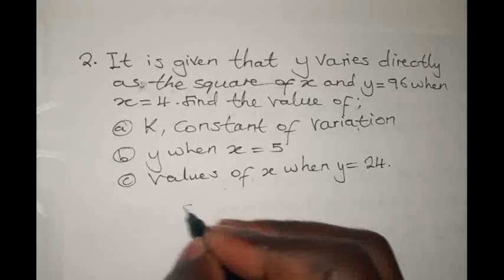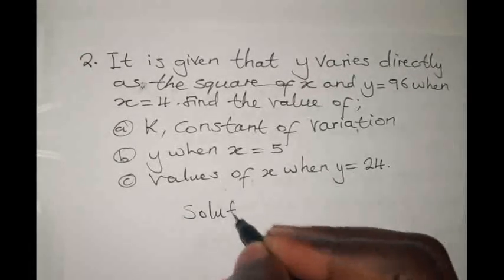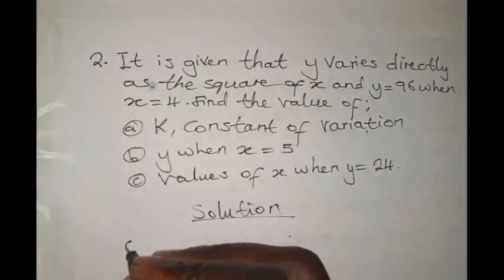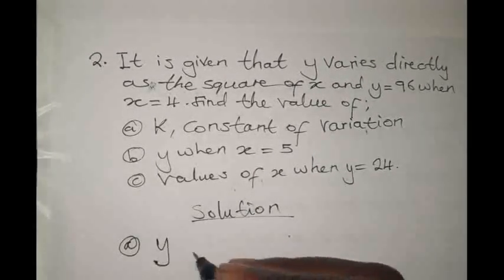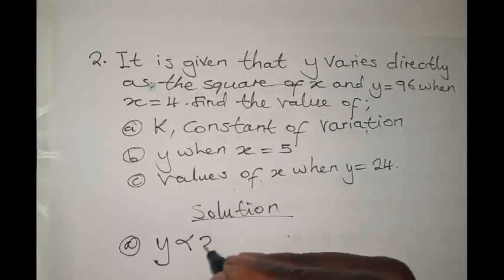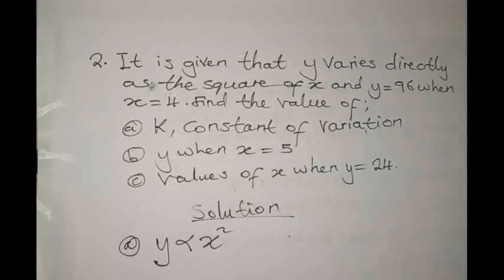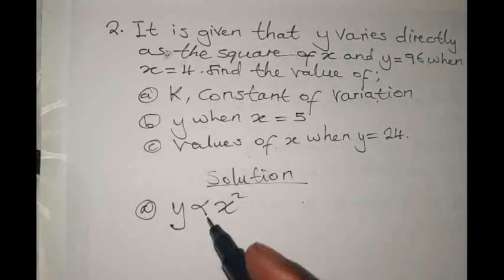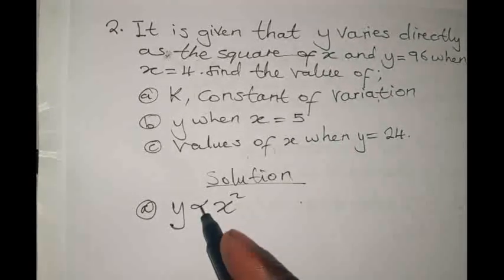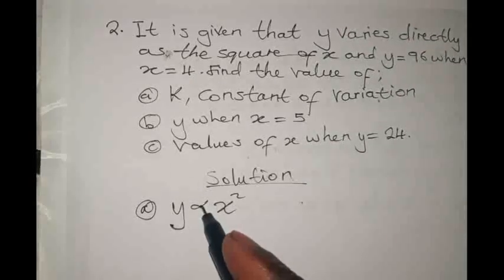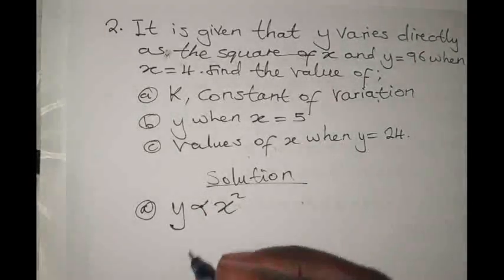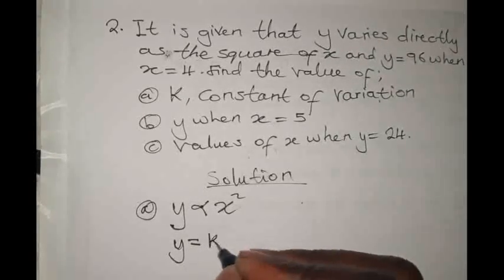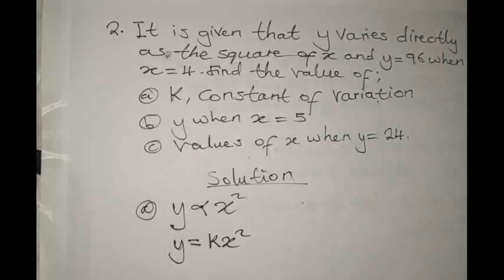Solution: we are given that y varies directly as the square of x. What did I say? You have to change the variation sign and put an equal sign. The moment you do that, the constant k will be introduced. That is to say, y is equal to kx squared.